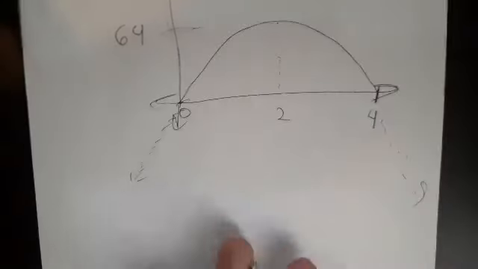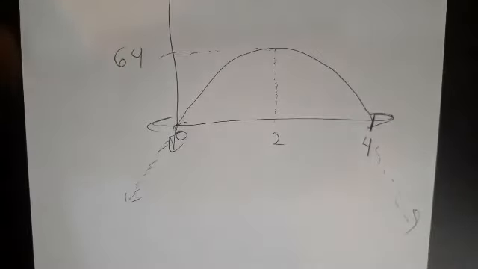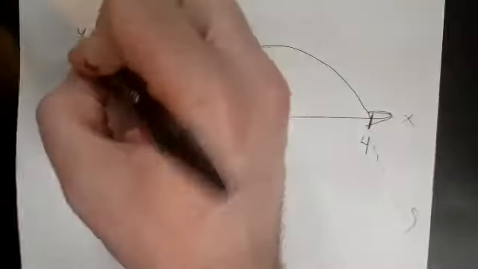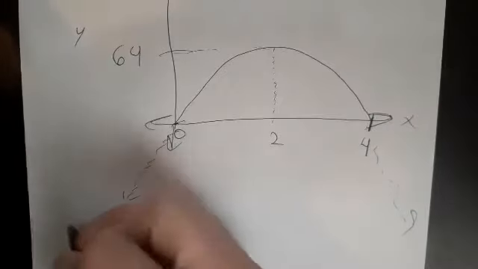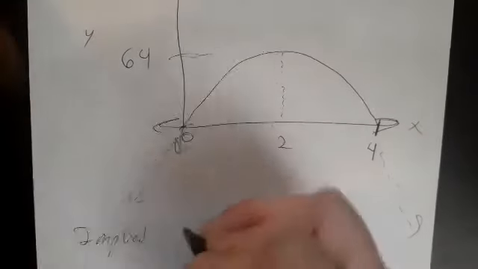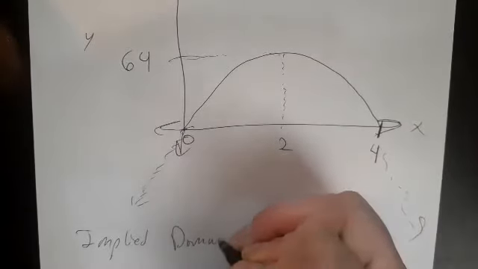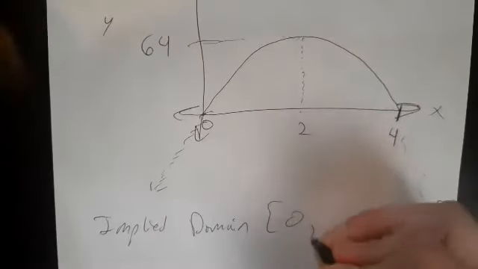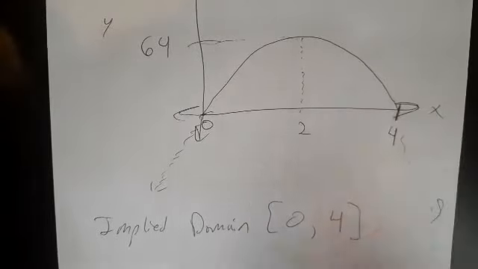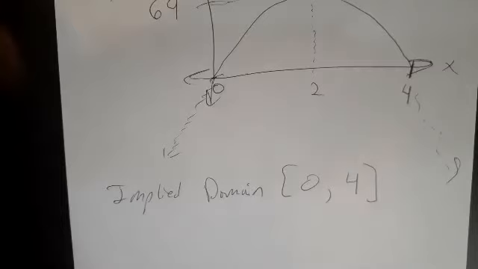And we talked a little bit about domain and range. So if we wanted to know the x values and the y values, when we get to word problems, we're going to talk about implied domain. We're going to use this word implied. If we look at that here, the implied domain would be everything from 0 to 4. What we really mean with implied is that there are restrictions that reality is putting on them.